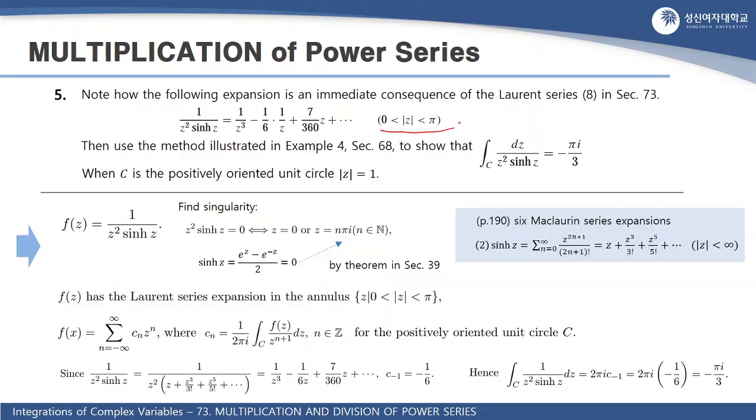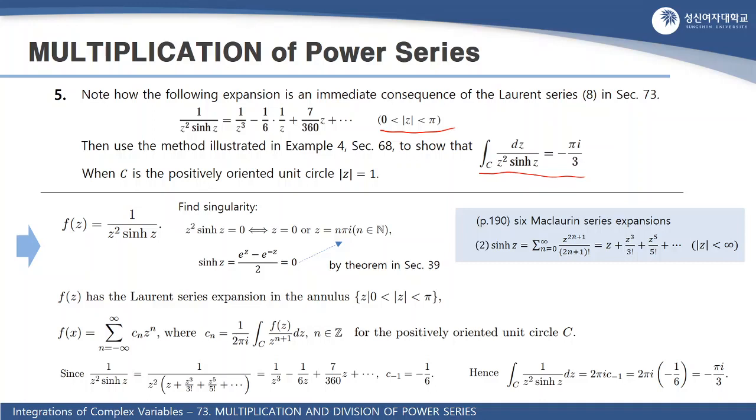Then use the method illustrated in example 4, section 68, to show that the integral along C of dz over z squared hyperbolic sine z is equal to negative pi i over 3 when C is the positively oriented unit circle, that is modulus z is equal to 1.